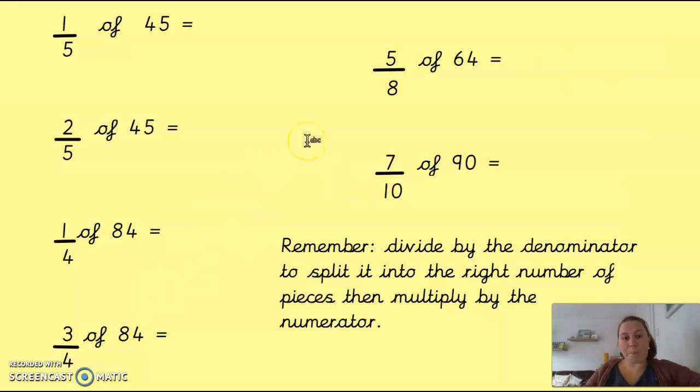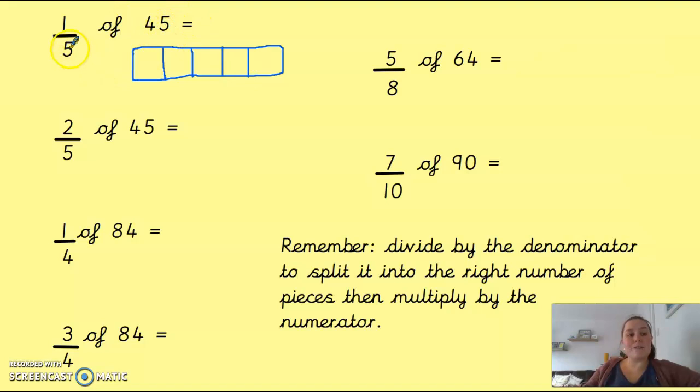Okay, so let's see what you came up with. 1/5 of 45. So if I was going to draw my bar model, forgive me for not using a ruler. I would be if I was on paper, I promise. Imagine these are 5 equal sections. 1, 2, 3, 4, 5. My whole is 45.